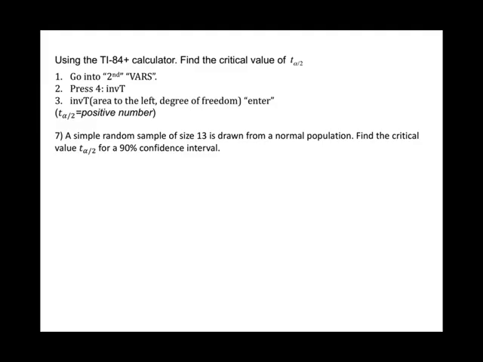Okay, a simple random sample of size 13 is drawn from a normal population. Find the critical value for a 90% confidence interval. So first, we know the sample size is going to be equal to 13. The step is similar to the first two examples, how to find the Z critical value.